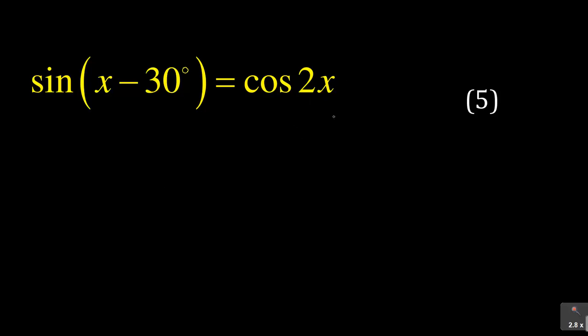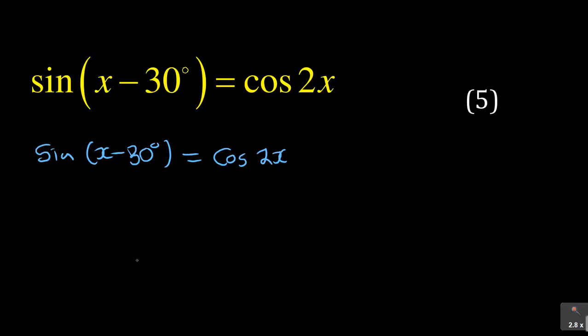In this case, using cofunctions, I'm going to work on it like this. I've got sin(x − 30°) = cos 2x. Now, as I said, I'm going to use cofunctions, converting this part to sine.